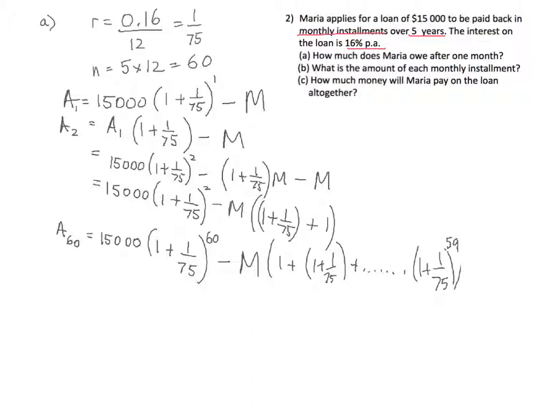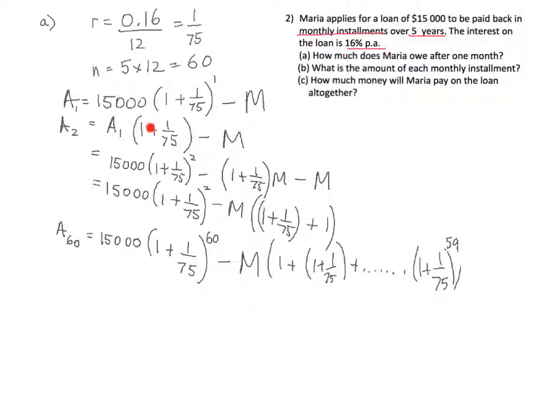What is the amount of each monthly instalment then? Well, we're going to set up this series and do the same thing we did for the harvester. The amount owing at the end of the first month becomes the new principal for the beginning of the second month.